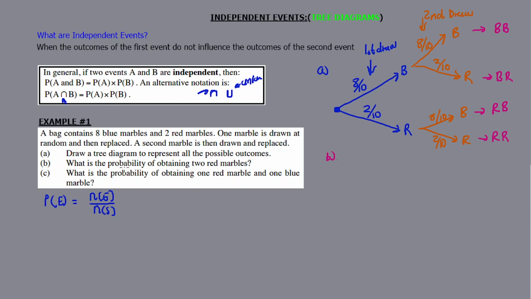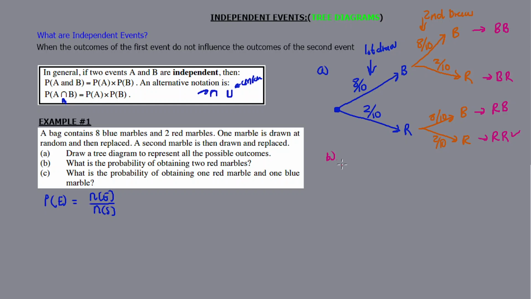Now, what is the probability of obtaining two red balls, meaning for the first draw you get a red, and for the second draw you get a red? Which leg is that? It's this one, the last leg.